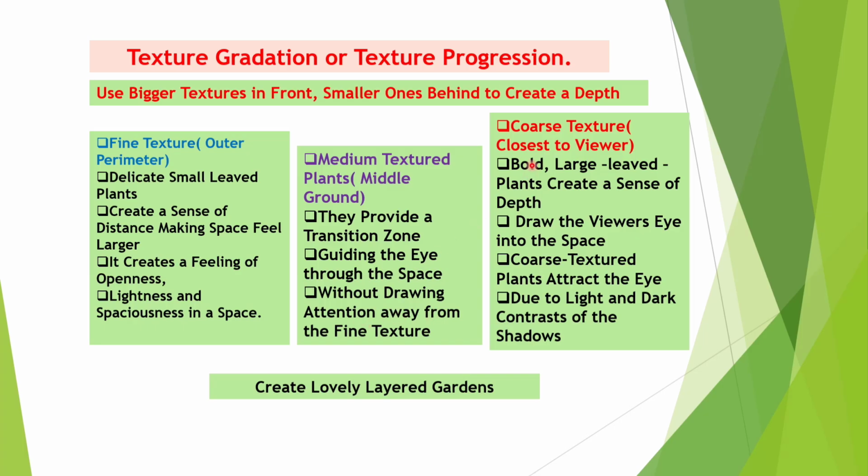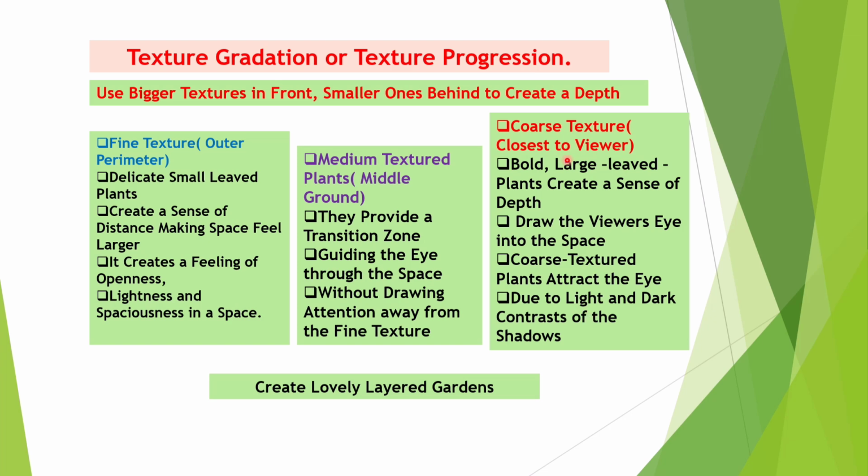So when we have the coarse texture closest to the viewer, the coarse texture, bold, large-leaved plants, create a sense of depth. They draw the viewer's eye into the space, and coarse texture plants attract the eye due to light and dark contrasts of the shadow.